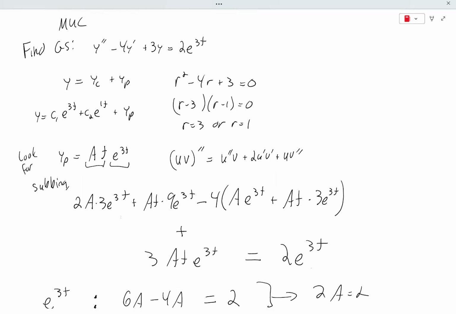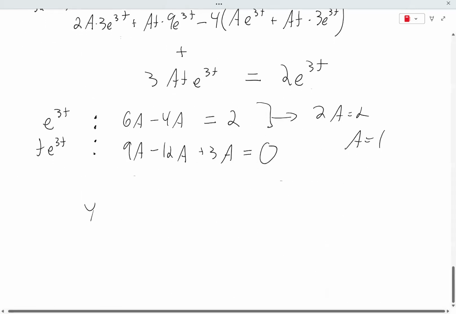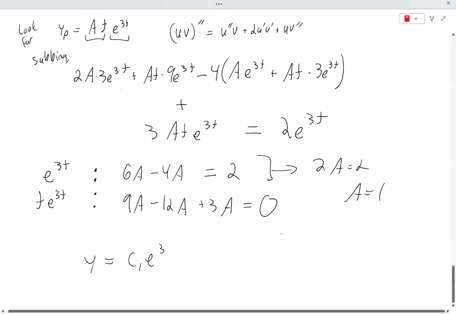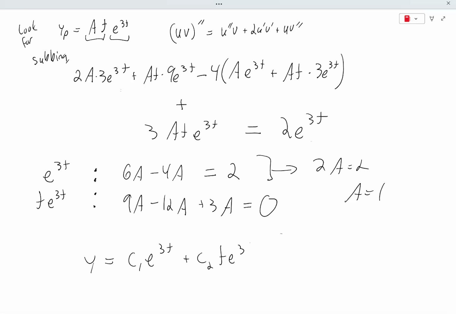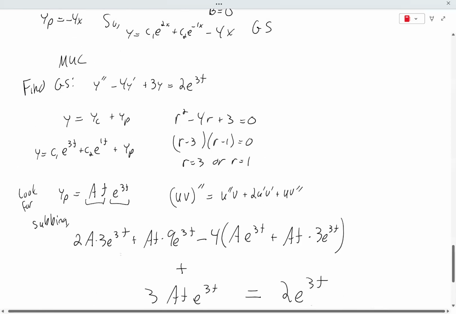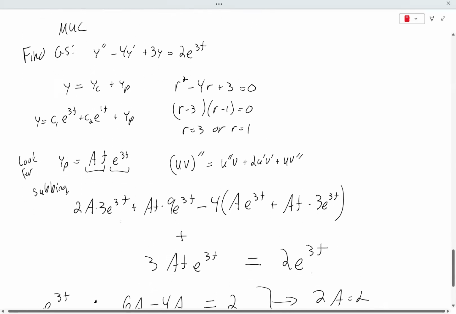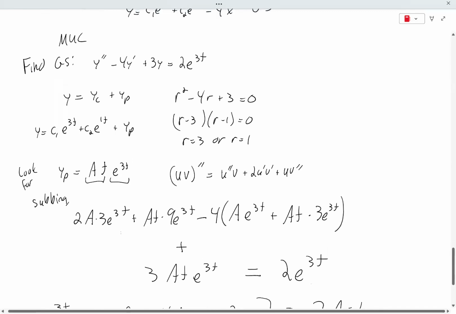So the a is 1 there, and we can write the general solution back down, because we know the a is 1 now. So we got y equals c1 e to the 3t plus c2 t e to the 3t plus, wait a minute. Oh, it says t?